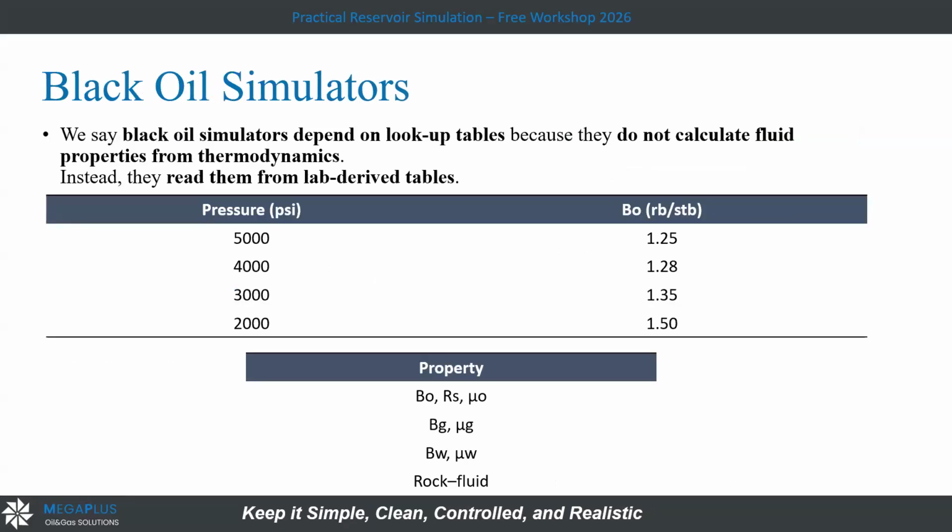Again, for the black oil simulators, it's normal schedules that we got from the lab, from the experiments that I showed you, the DLE and the CCE. In the CCE, the cell is closed, we will not produce, so we have constant mass, but we will know the saturation pressure.